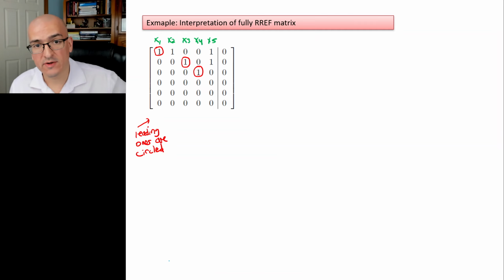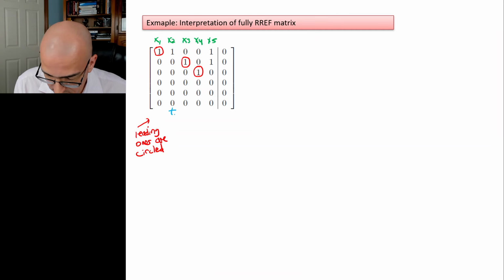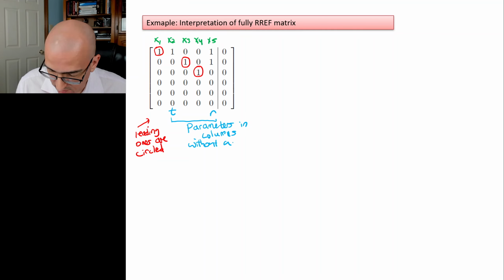I'm going to put a parameter in every column that does not have a leading 1. So I'm going to put a t here. I'm going to put an r here. So these are parameters in columns without a leading 1.